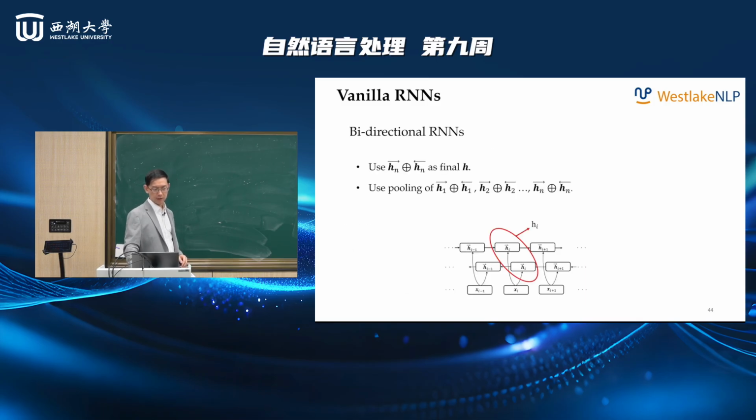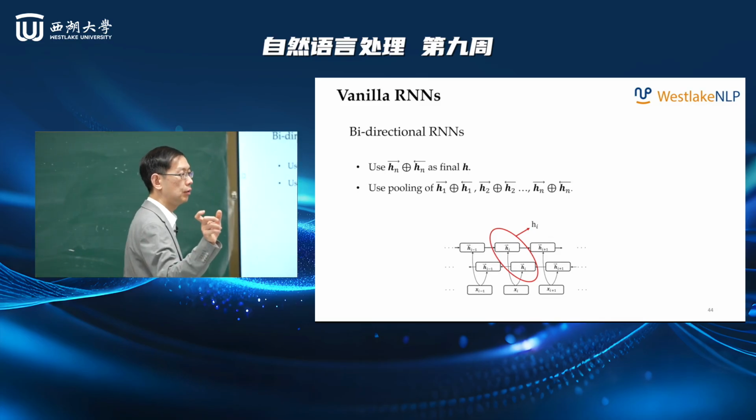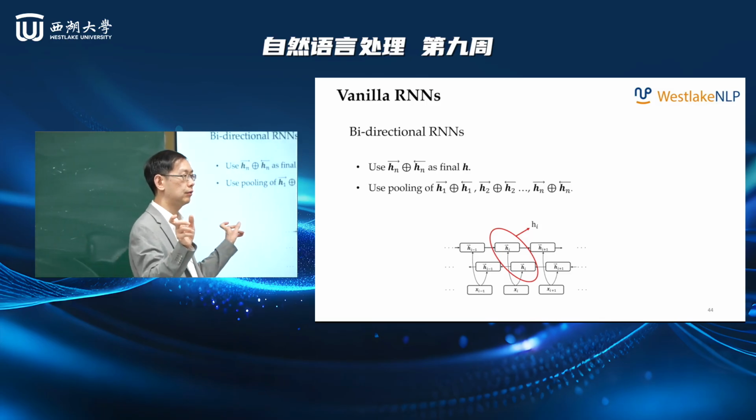Then you say, for bidirectional RNNs, or bi-RNNs, how can you represent the whole sequence? Well, as I suggested earlier, you could use a pooling over all the hidden states, and you get information from the whole sequence. Or you can use HN from the left to right component and H1 from the right to left one.